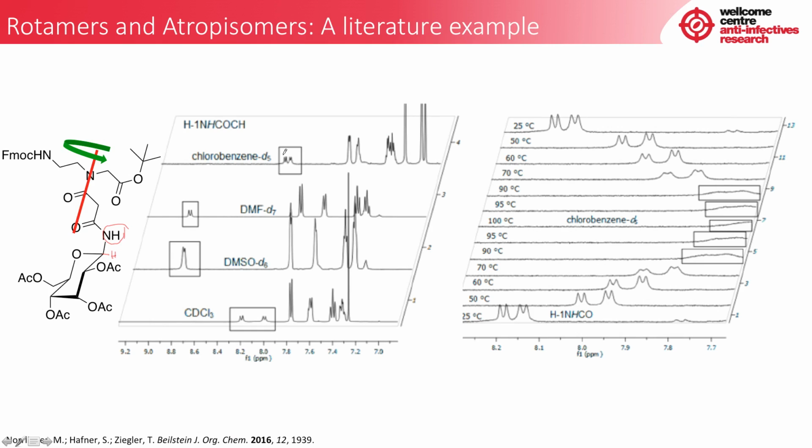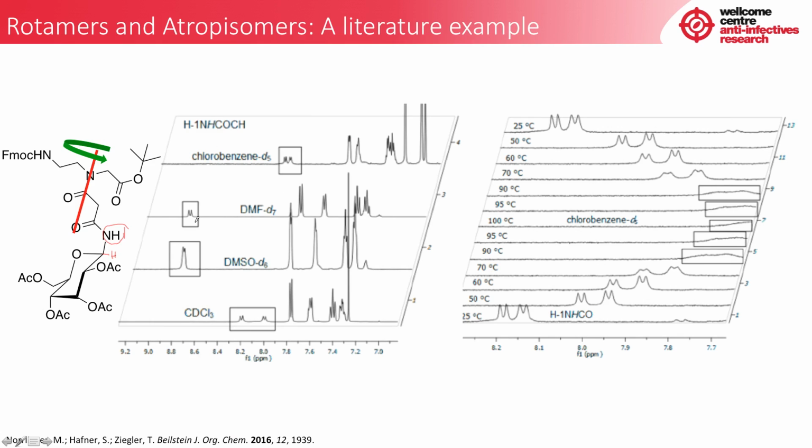And here in their less polar media, the chlorobenzene and chloroform, we can see that interconversion is quite slow, and we see separate signals for two different conformational forms. However, for polar aprotic solvents, DMF and DMSO, this interchange is faster, and we see only a single signal.